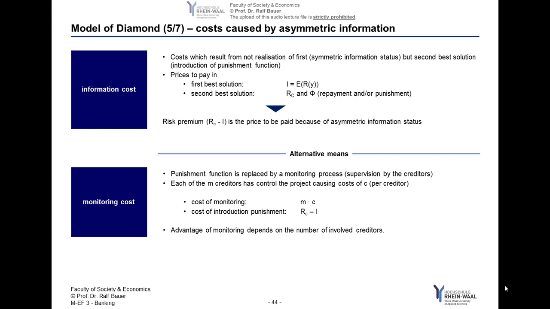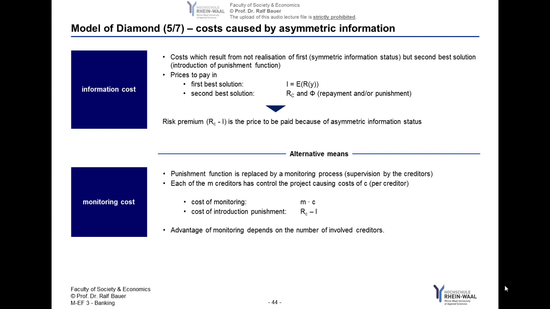The first best solution would be that we implement an average repayment which equals I. That is of course implemented in our model, but additionally we have also the punishment function, which is costs for our debtor, because in case of no full repayment he suffers the slab, and that of course is for him a disutility, and therefore these are costs to be considered in our model.